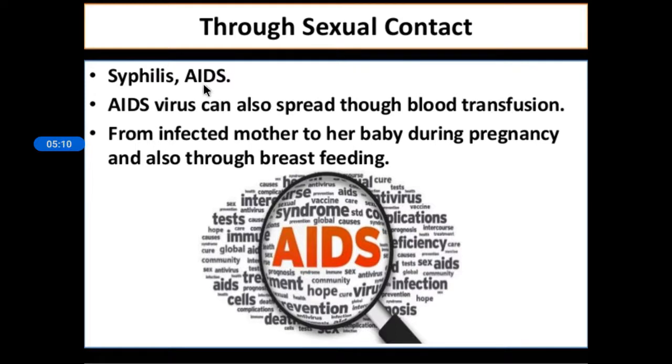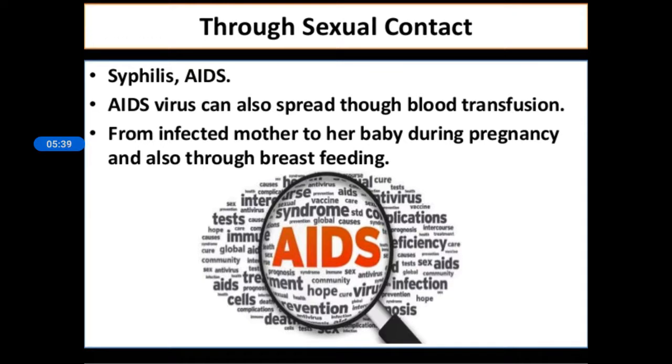What do you mean by AIDS? The full form of AIDS is acquired immunodeficiency syndrome, and it is caused by a virus, HIV. What is the full form of HIV? Human immunodeficiency virus.